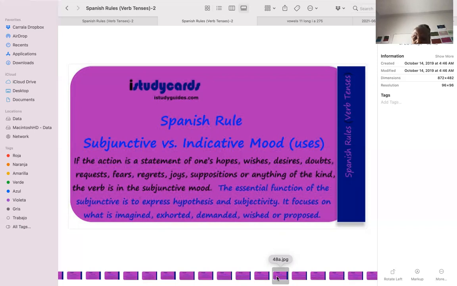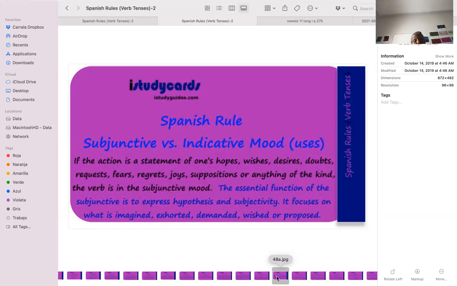Now, what is a subjunctive mood? When do you use it? The essential function of the subjunctive is to express hypothesis and subjectivity. It focuses on what is imagined, exhorted, demanded, wished, or proposed.